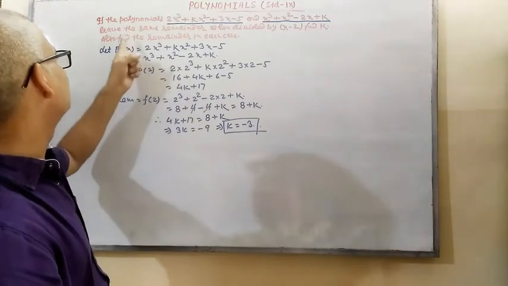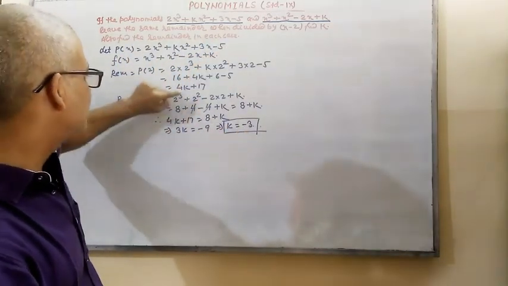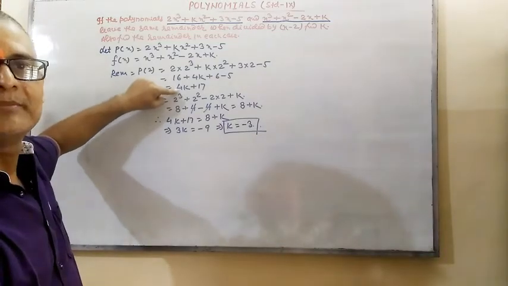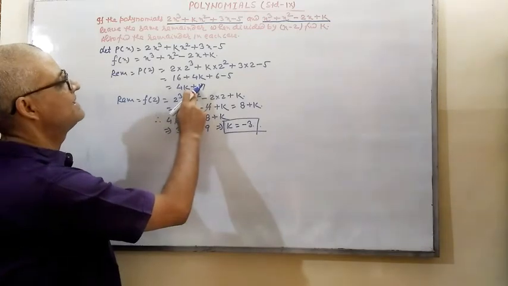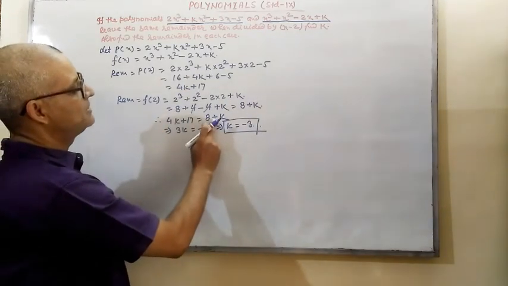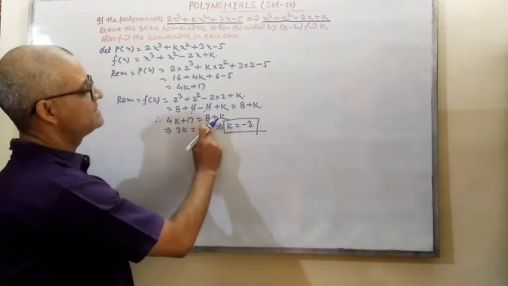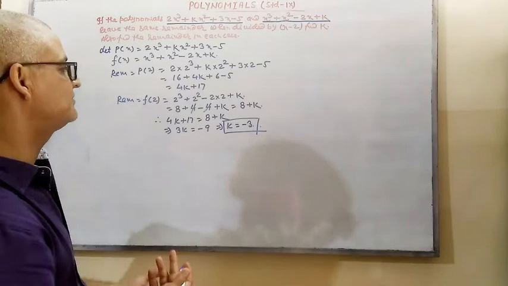The second question is asking, also find the remainder in each case. Directly, if you substitute this value of k, we get the remainder. Now you can see 4 threes are 12, minus 12 plus 17, that is positive 5. And if you substitute here, then 8 plus minus 3, that is 8 minus 3, that is 5. In both cases, you will get the same remainder.